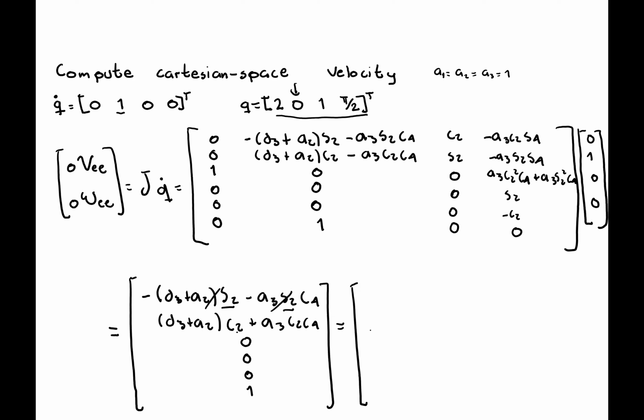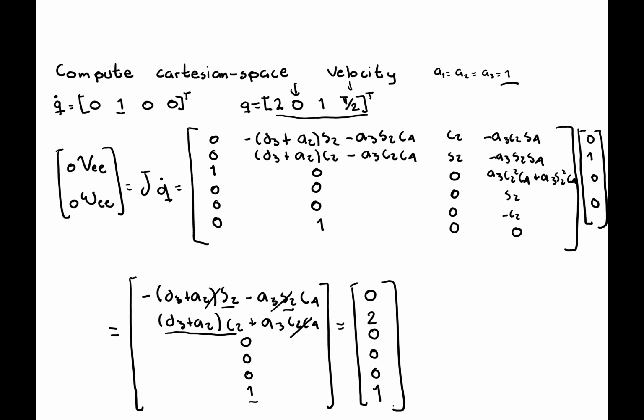Then you have cosine, this becomes 1, this becomes 1, and then cosine of 4 here is pi over 2, so this also becomes 0. Then you end up just with this term and this term, and the d3 is 1, the a2 is 1, so in the end you end up with 0 2 0 0 0 1.